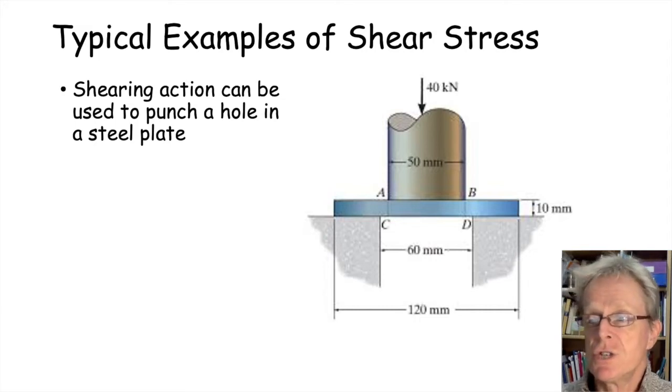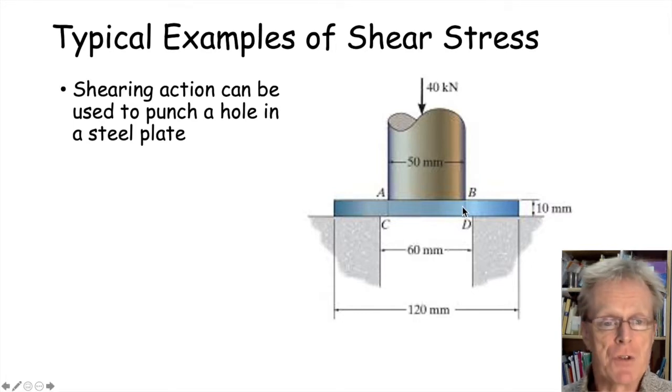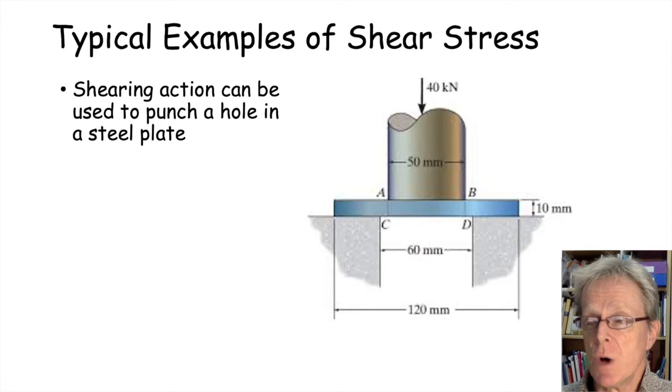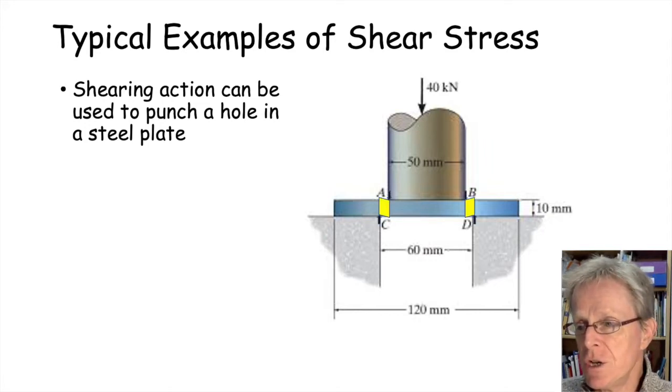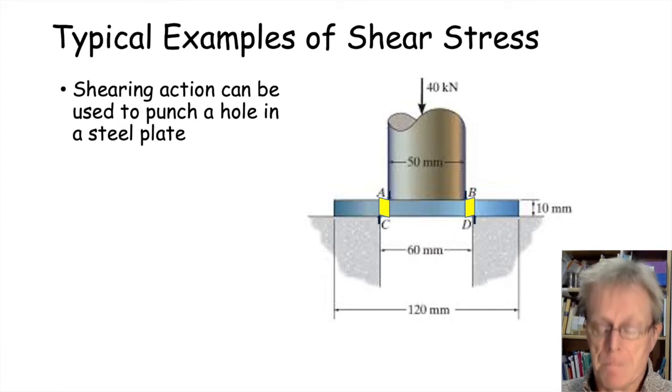You would use shear stress and strain to do the calculations to work out how much force you might require to actually achieve that. In this particular situation, the bits we're interested in are these bits here where the shear stresses are actually applied.